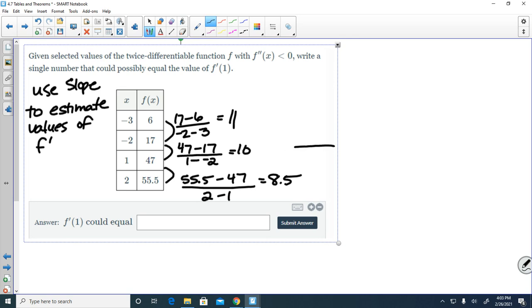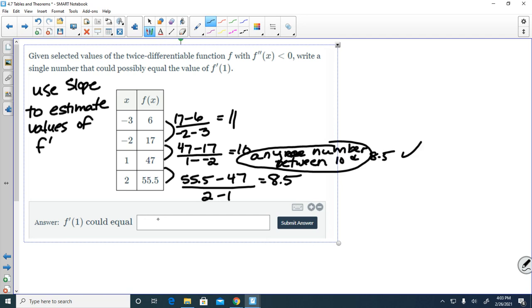So as long as you pick any number between 10 and 8.5, you'll be correct. So I entered 9 on mine, and it worked just fine.